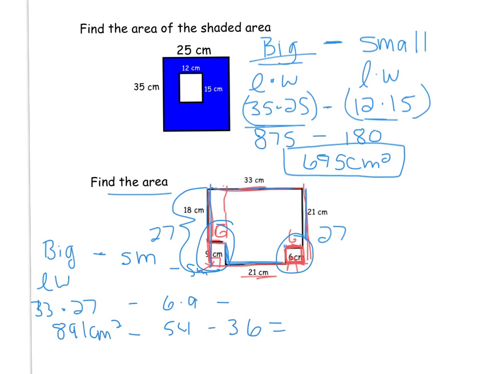So when I take those off, I'm left with a grand total of 801 centimeters squared. So to review what we did, we put the big square around and found the area of this whole thing, and then we subtracted off the area of this small and the area of this small.